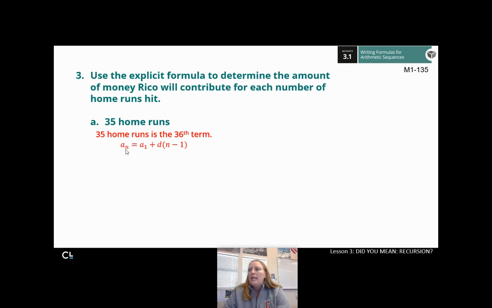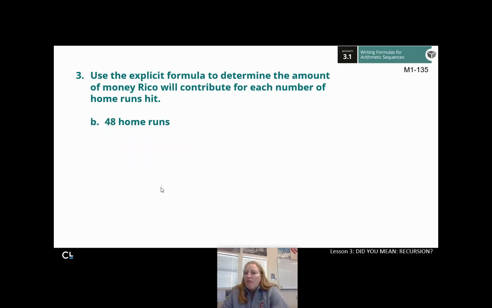I know n is 36. I know my first term is 125 and my common difference is 18. So I'm just going to plug everybody in. And then I'm going to clean up. 36 minus 1 is 35. I grabbed a calculator. 18 times 35 is 630. Plus 125 is $755.